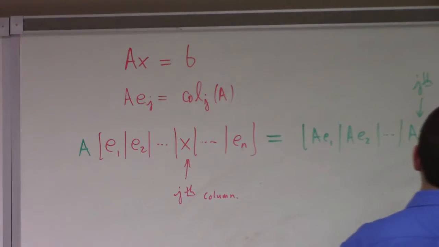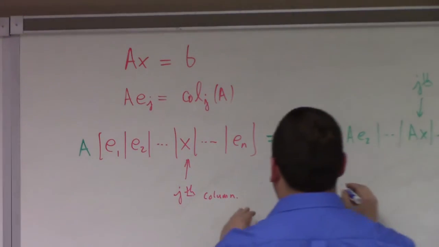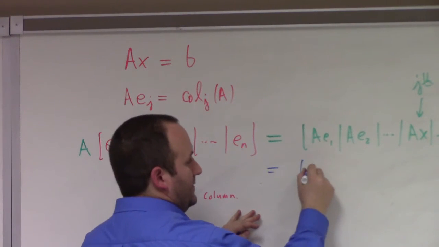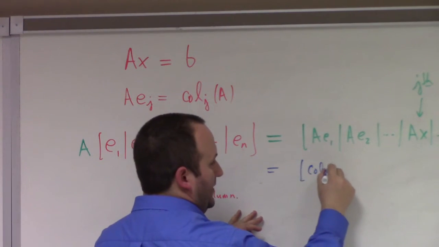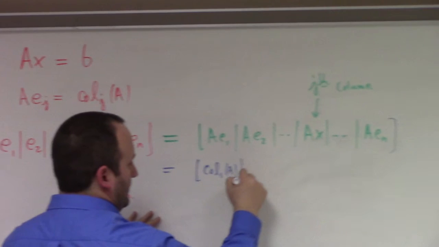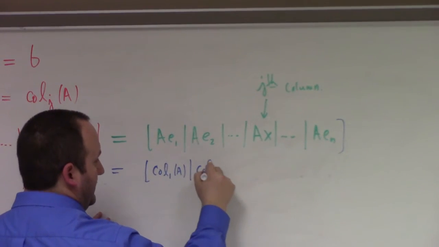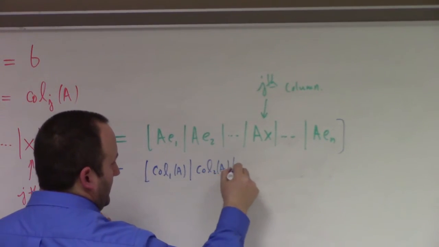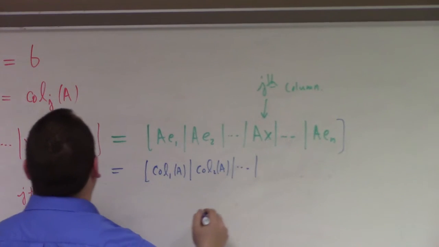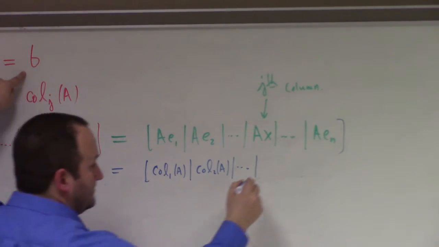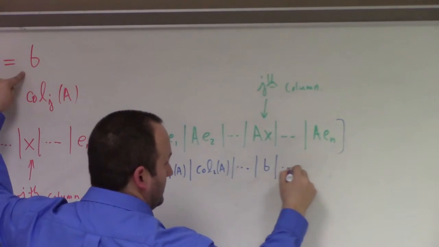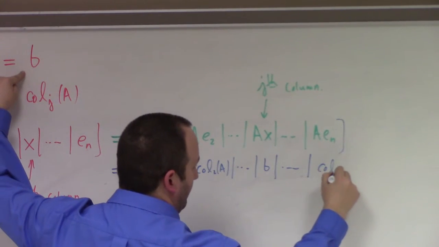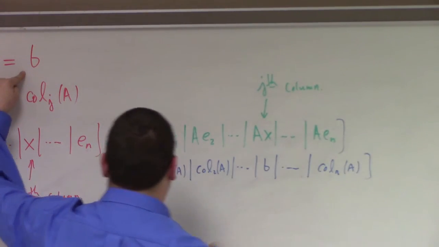So what do we have? We have column 1 of A, column 2 of A, all the way until we get to the jth column, where we have what? B. Then column n of A. All right?